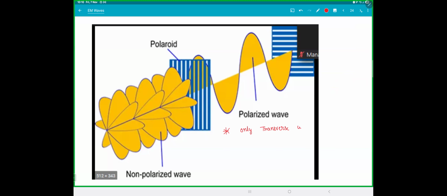So only transverse waves undergo polarization. That is how you differentiate between a longitudinal and a transverse wave. Remember, this has been quite an important question the last few times. Longitudinal waves do not exhibit polarization.